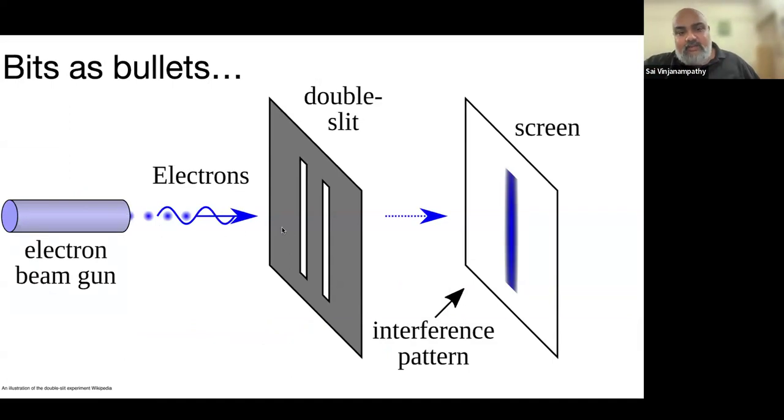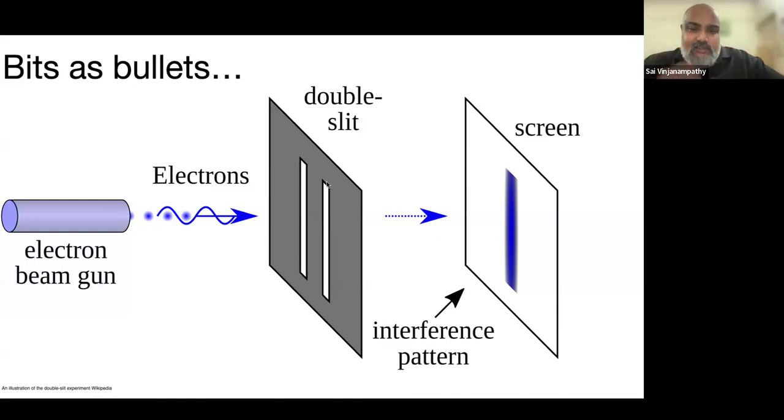Because if I shoot electrons or bullets from a gun, then on the screen it comes and hits some place, right? Think of just a little BB gun and a paper screen. It impacts on the screen somewhere. And hence you think of these electrons in this case as little bullets flying and then hitting the screen.